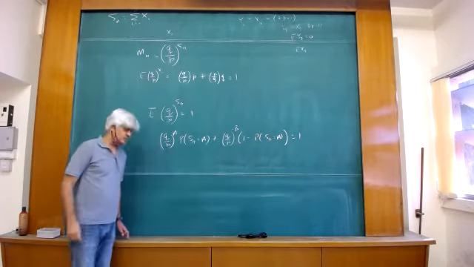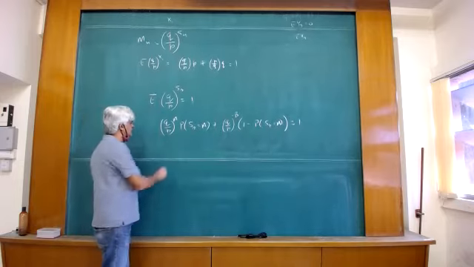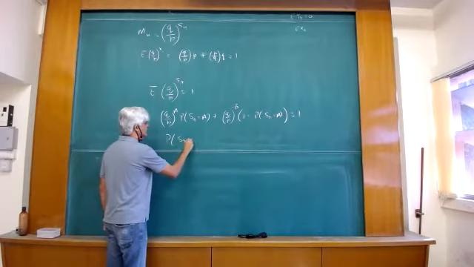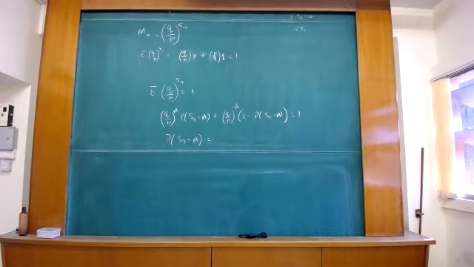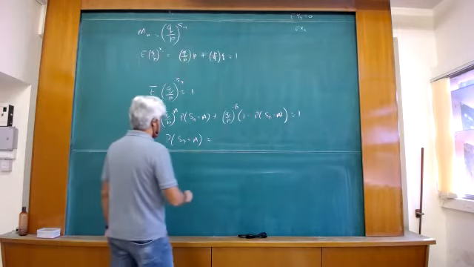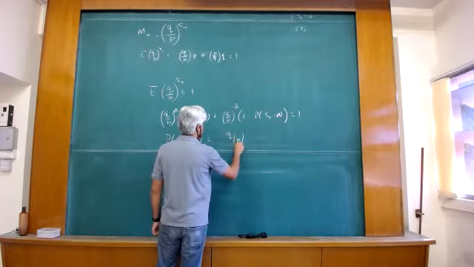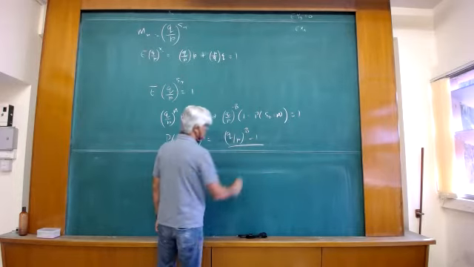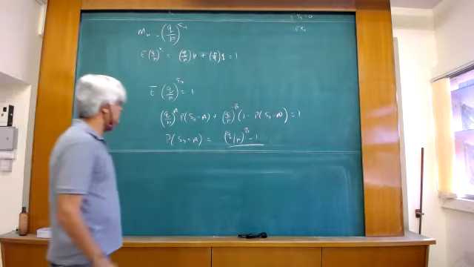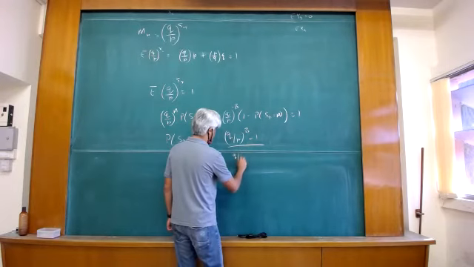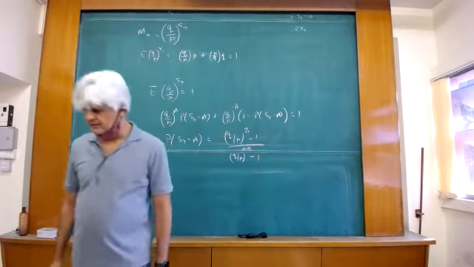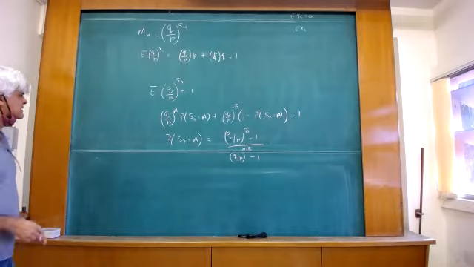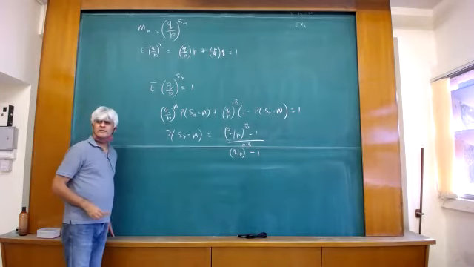Now I can evaluate this probability. So I think it's (Q/P) to the power B. Isn't this greater than?